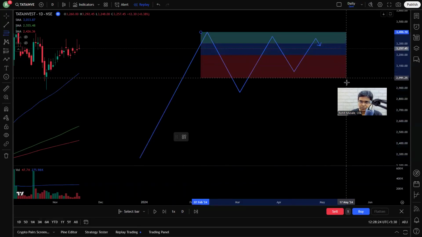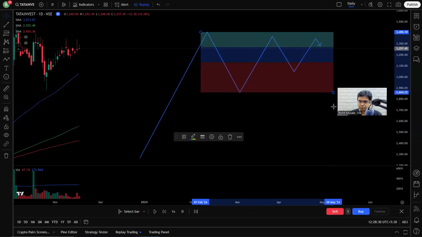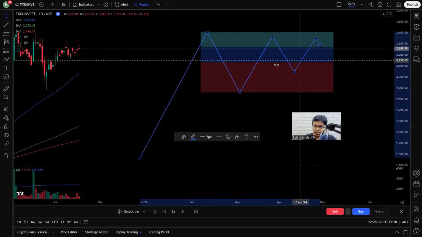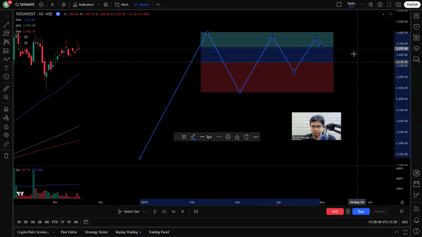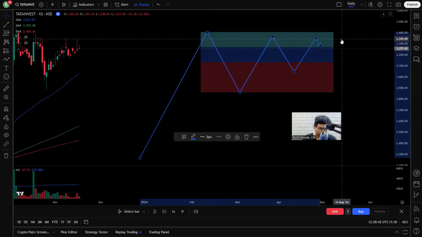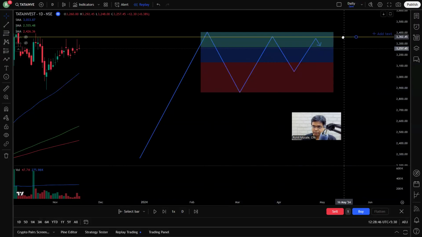Yeah, so this is the base. Now see, this is the buy point, point 1, point 2, point 3, point 4, point 5, point 6. So let's say this is the buy point. I will draw a line here. I will press Alt H. Okay, so that's the buy point.